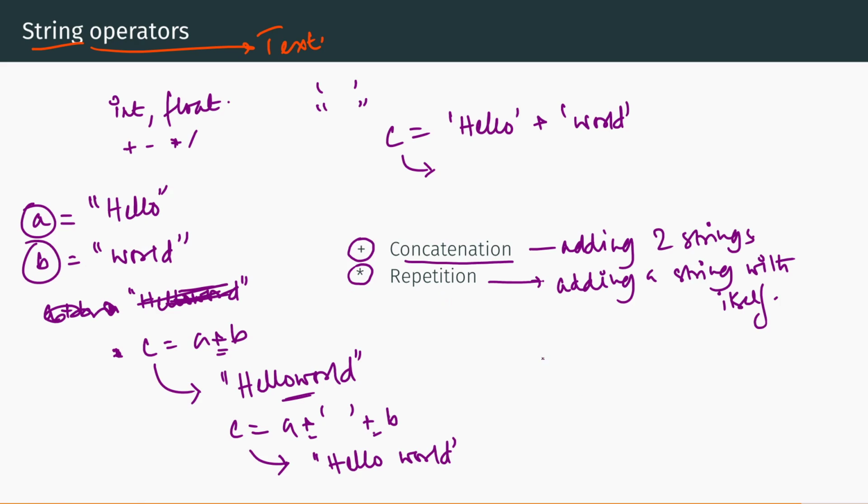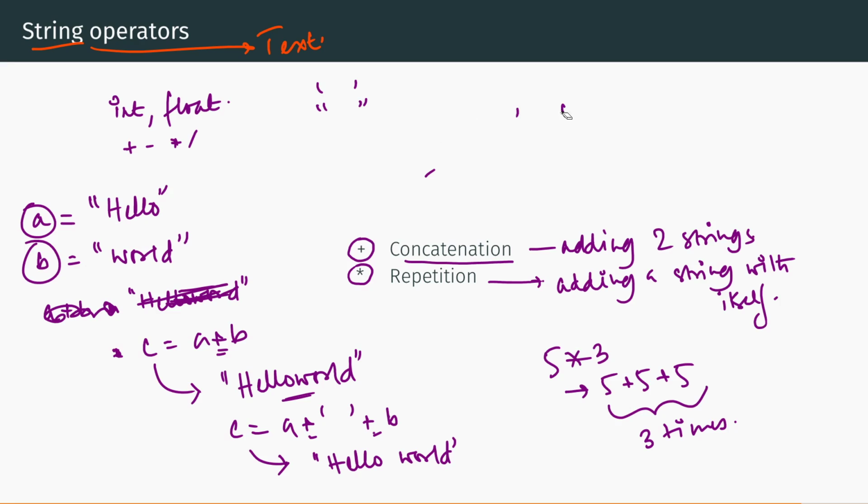When you multiply, let's say 5 times 3, what you're essentially doing is 5 plus 5 plus 5, which is 3 times. If you want to say 10 times 5, this would be 10 plus 10 plus 10 plus 10 plus 10, 5 times.